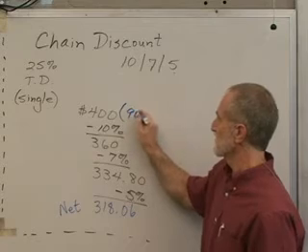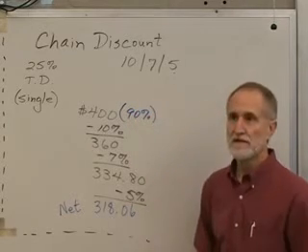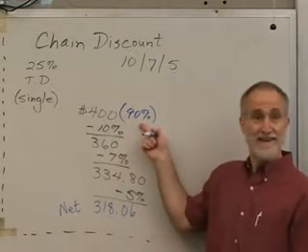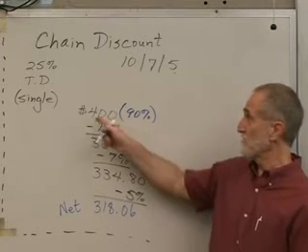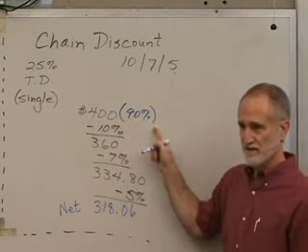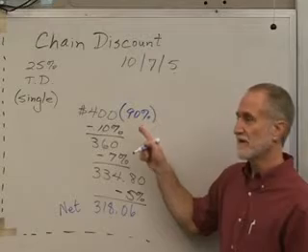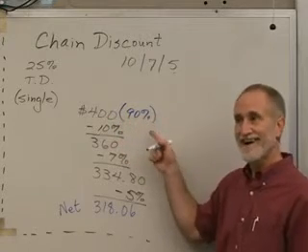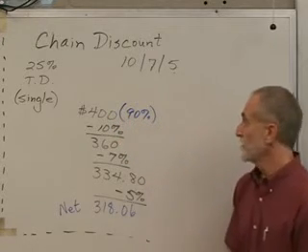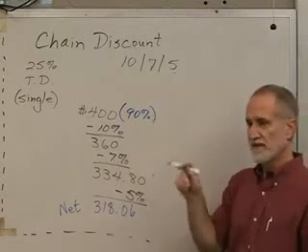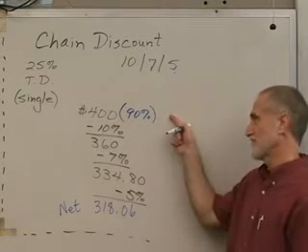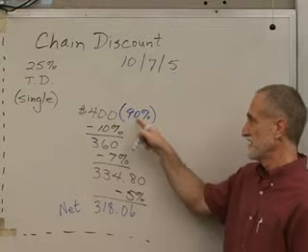If we're saving 10%, we're spending 90%. So everybody punch in 400 times 90%, or if you have a scientific calculator, 400 times 0.9 equals. Some calculators let you use the percentage and calculate it immediately. Some you have to press equals after. Some you need to change it to a decimal. Does everybody get 360 for that?